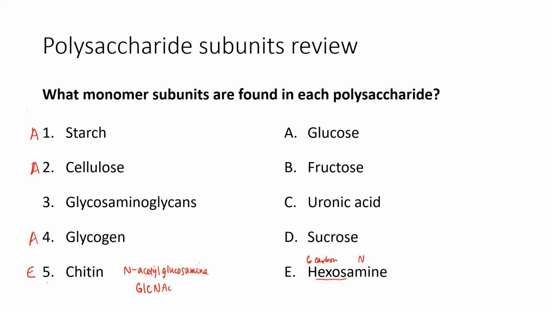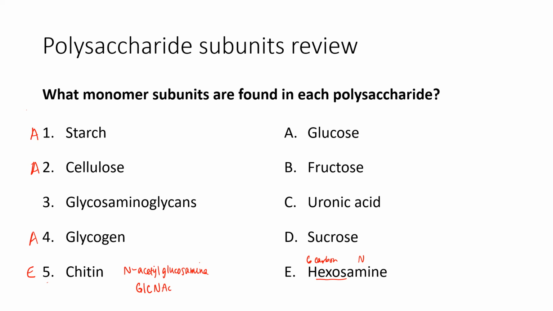Okay, that brings us to the glycosaminoglycans. What do we usually see in terms of monomers for glycosaminoglycans? C. Yeah, so if you recall, glycosaminoglycans are repeating disaccharides.